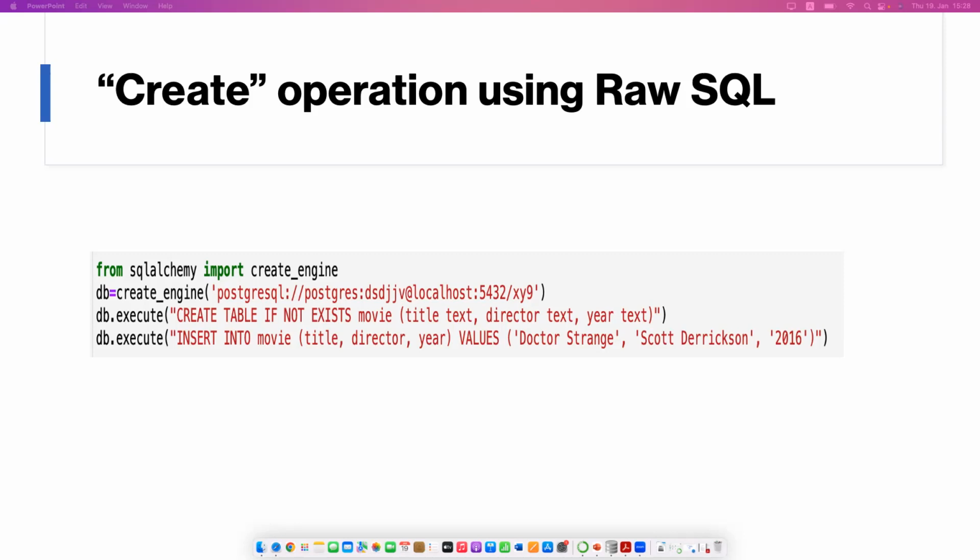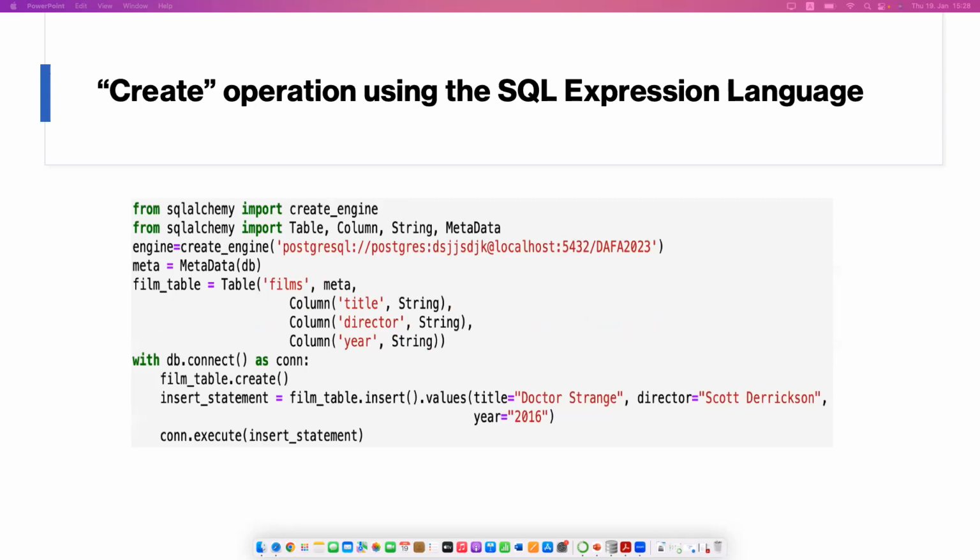Next, I want to show you how we can implement the create operation using SQL expression language. Again, we talk about the same concepts as before, but this time from the perspective of Python, so we have other imports such as Table, Column, String, and MetaData. This time we create the table using a Python class.